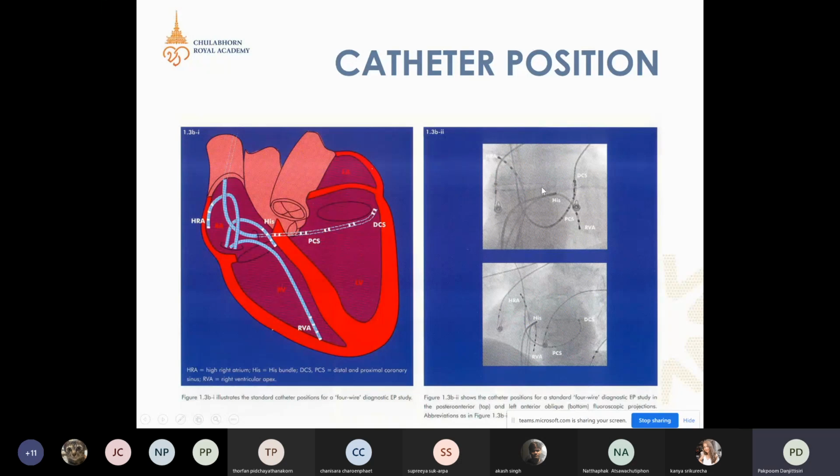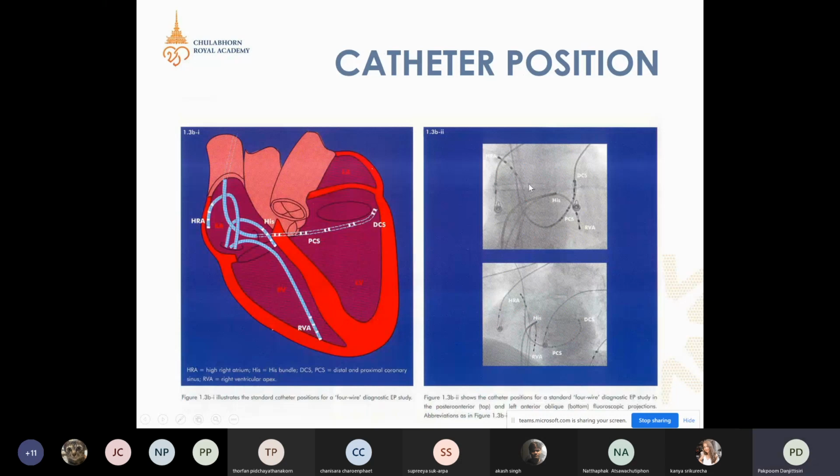The fluoroscopic image on the top here is showing you the PA view. PA means posterior anterior view over here, and the bottom one is the left anterior oblique view.